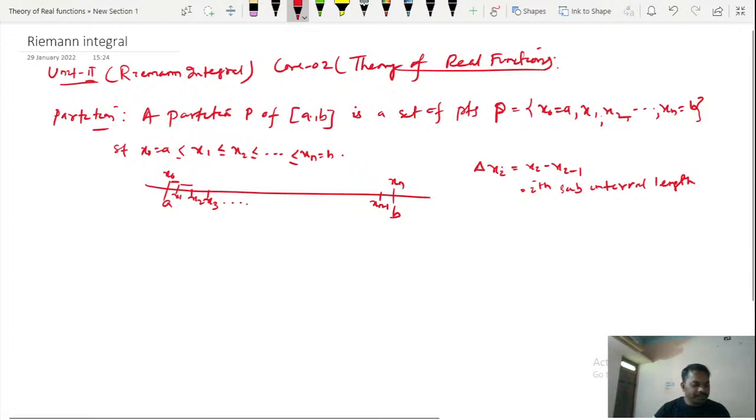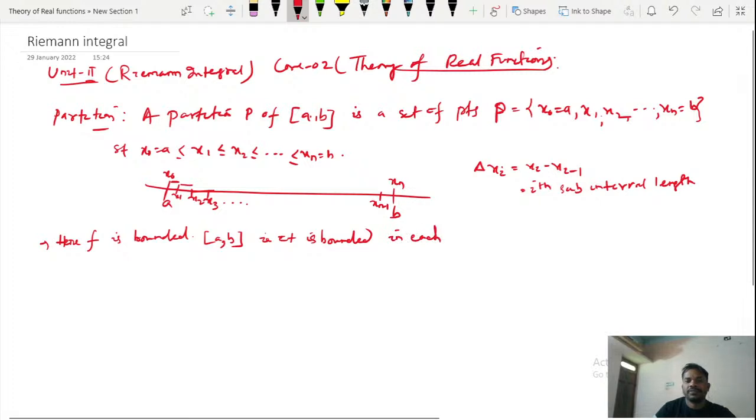Similarly, since our f is bounded, in this whole unit the function we are considering, f, is bounded. Since f is bounded in the closed interval [a, b], and in the whole interval it is bounded, it is bounded in each of its subintervals.